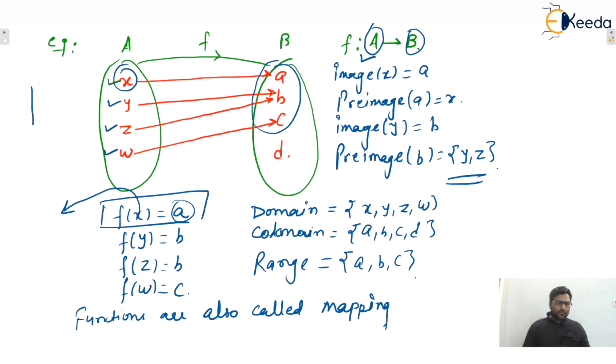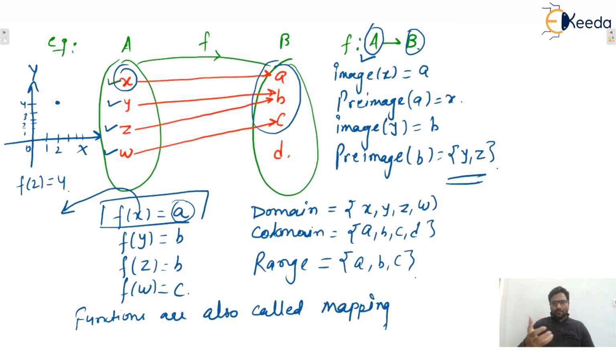If we draw the graph, let us say this is the x-axis and this is the y-axis. All inputs are present on the x-axis, and whatever the output is will be represented on the y-axis. For example, if f of 2 equals 4, then at 2 the value of this function is 4. This is the graphical representation of a function.